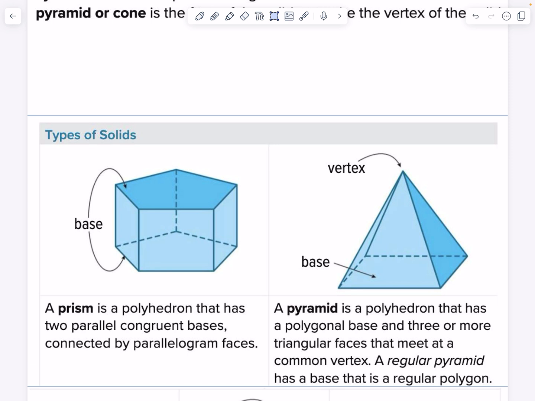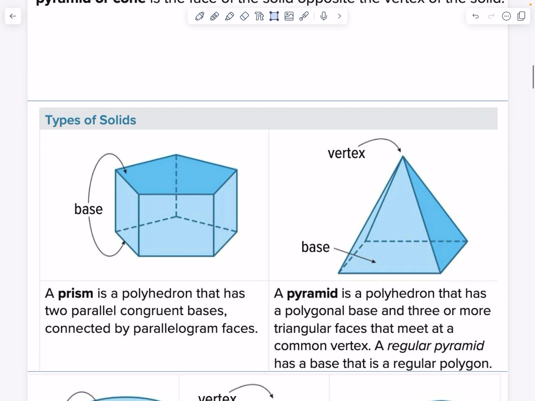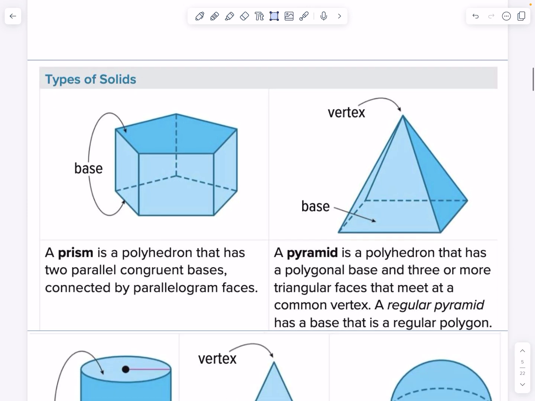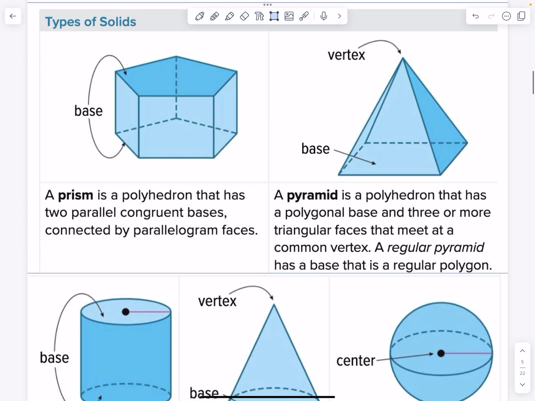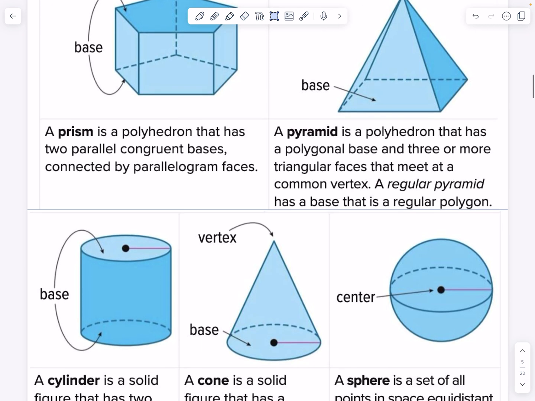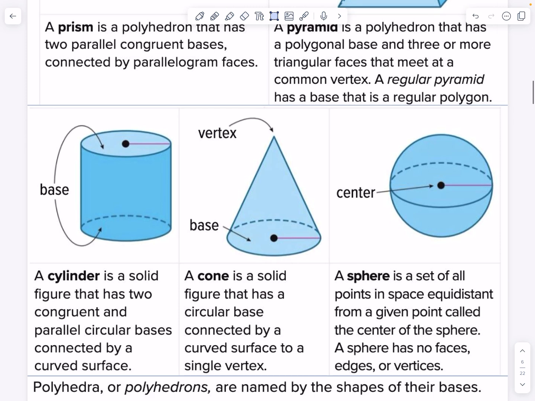And then on the right-hand side, you have a pyramid. Again, you could say that this is just a triangular pyramid, a pentagonal pyramid. It just depends on what that base is. So because that base is just a four-sided base, you could say a rectangular pyramid. It just depends on what that shape is. You can see here the circular shapes.